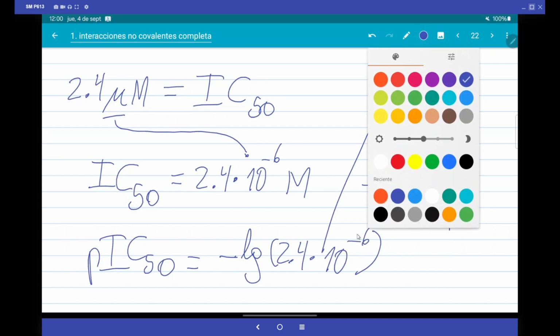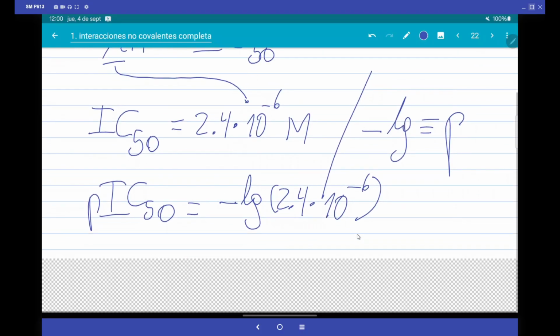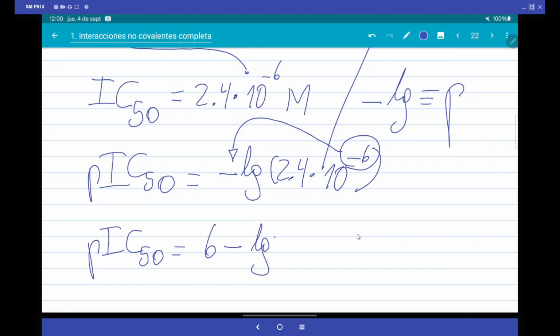By logarithmic properties, we separate this exponent. pIC50 is equal to 6 minus logarithm of 2.4.